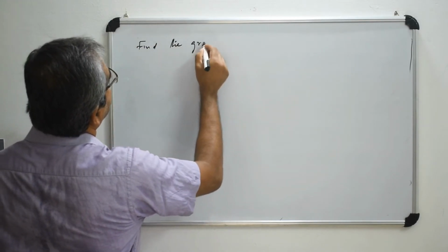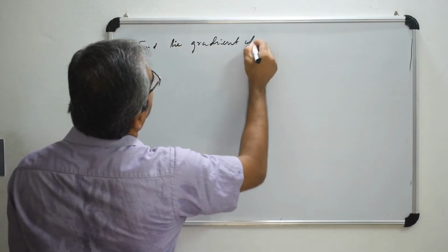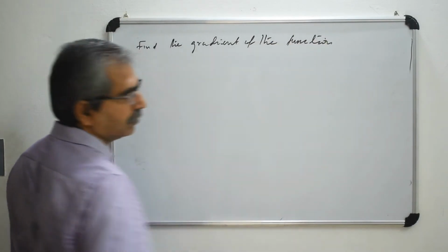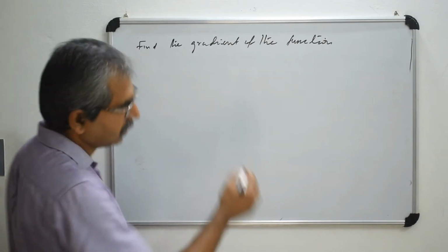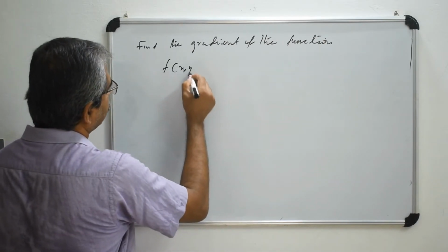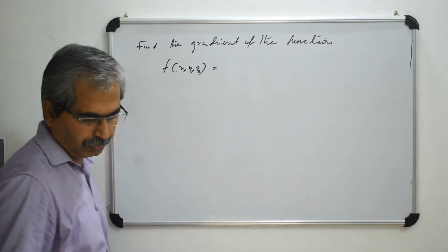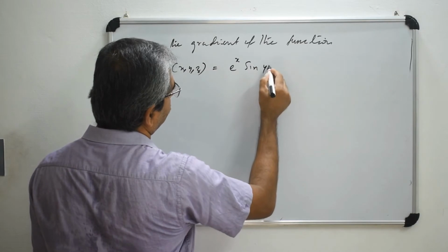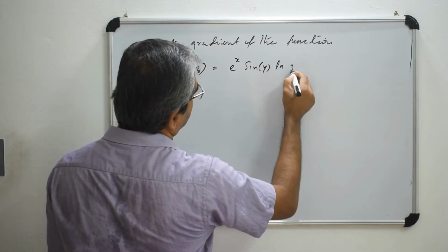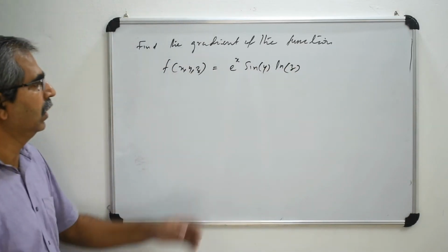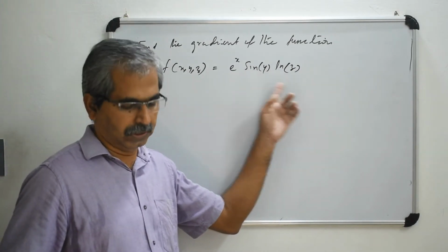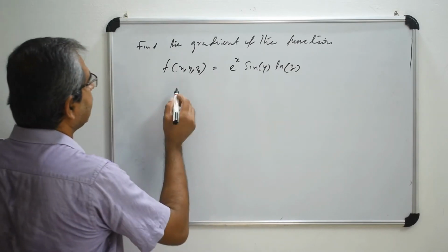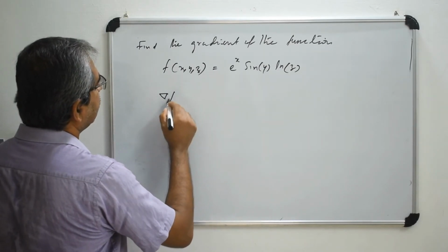The function is given as f of x, y, z equal to e raised to x sin y log z. So we have to find the gradient of this one. So what is gradient? Gradient is del f.